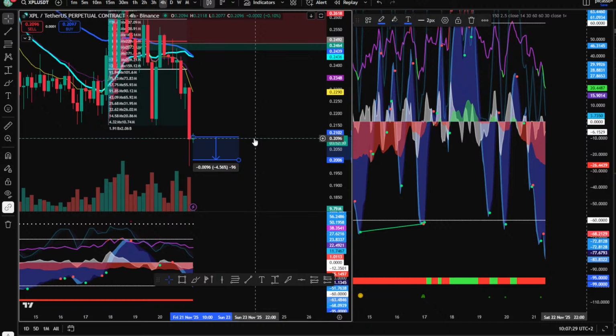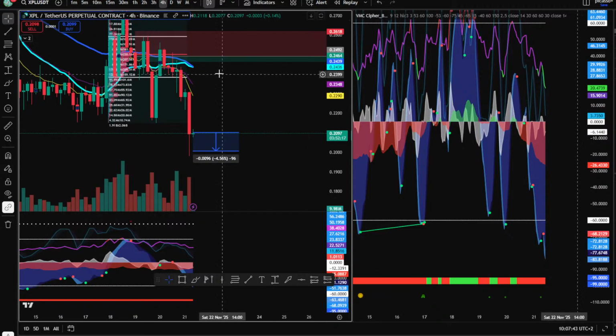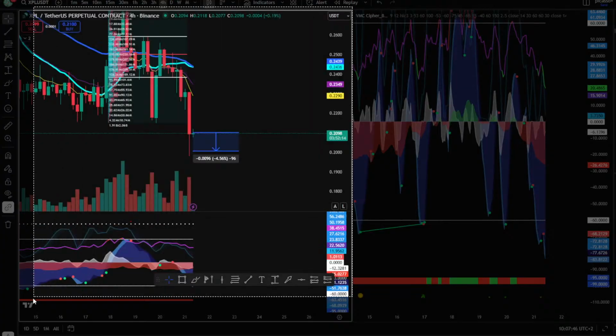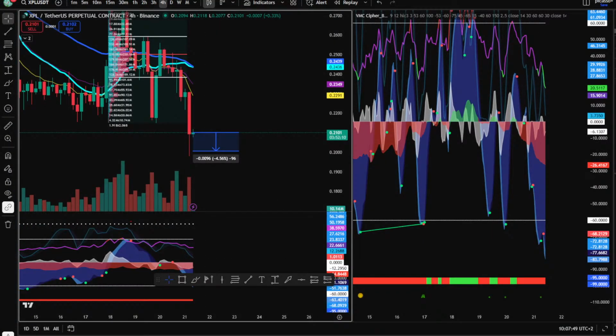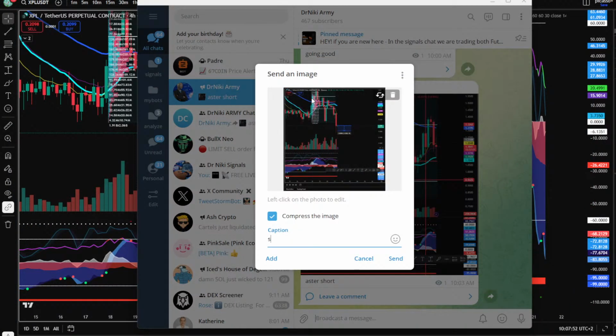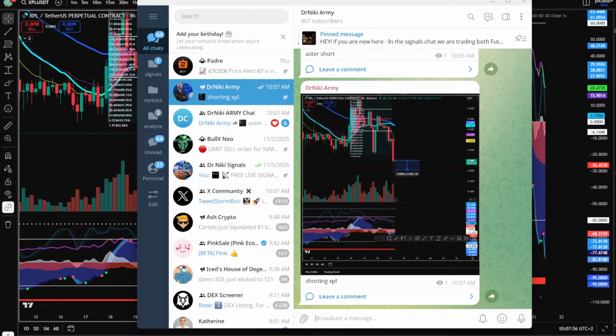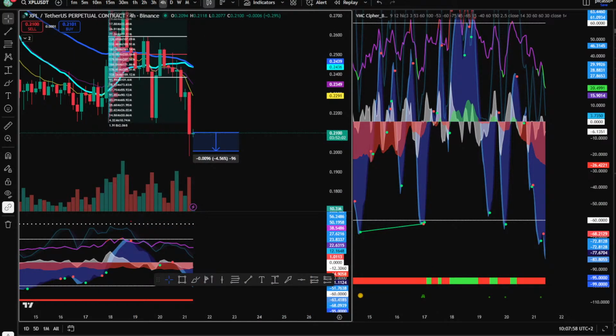Like an easy trade. Let's do it. We shorted the top as well yesterday on it. Go ahead and short XPL. I think I'm full of shorts. I've got 3 good shorts.